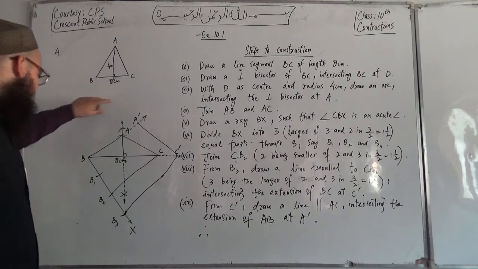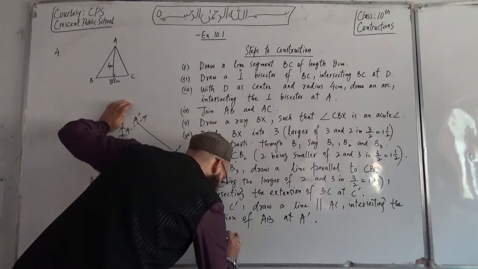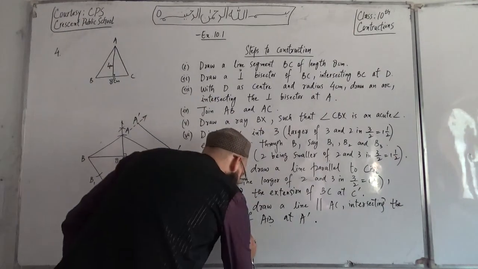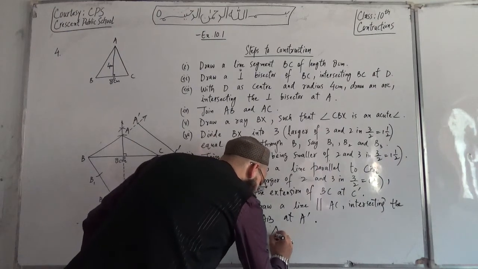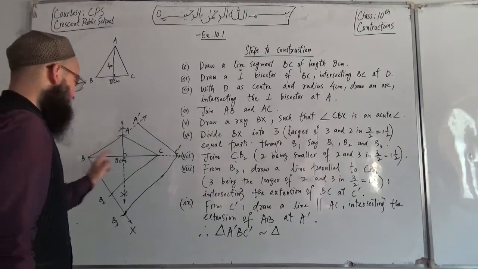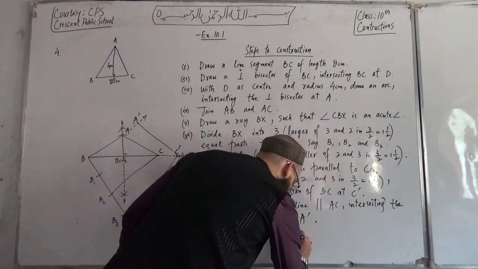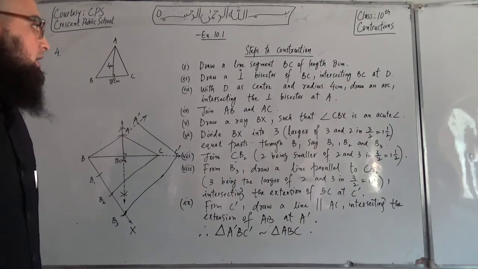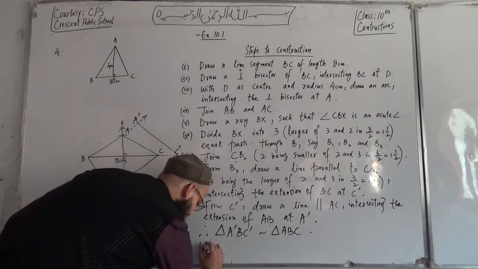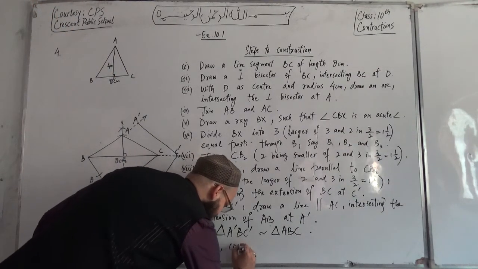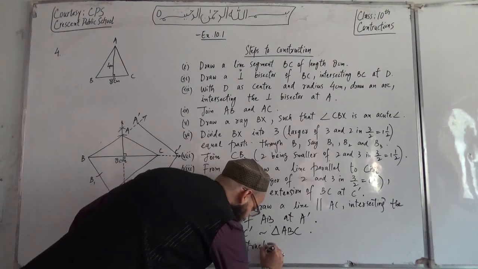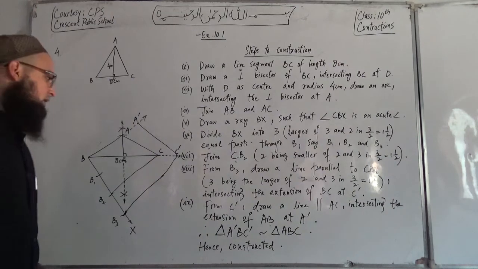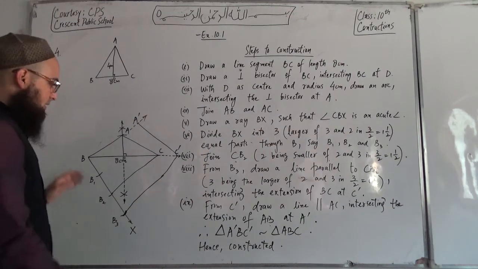Therefore triangle A dash B C dash is similar to triangle ABC. That's it. So hence constructed. Did you get this one?